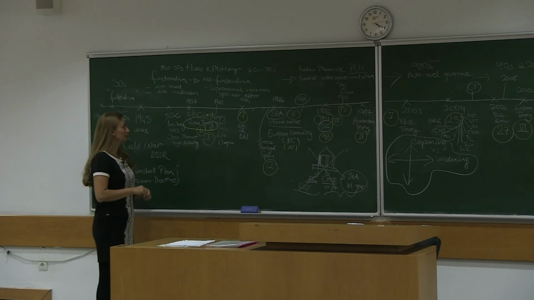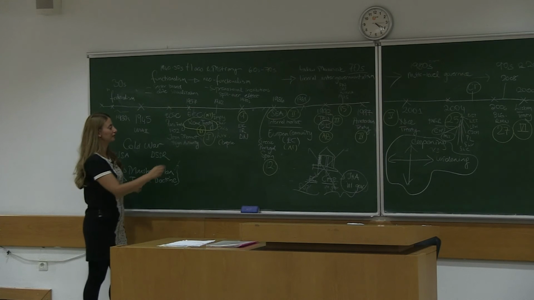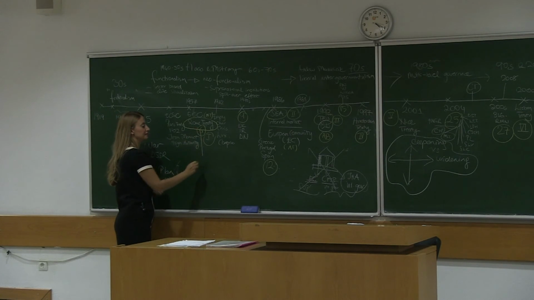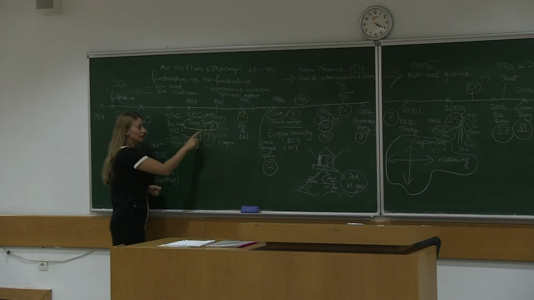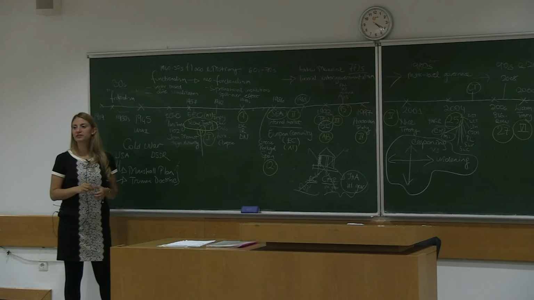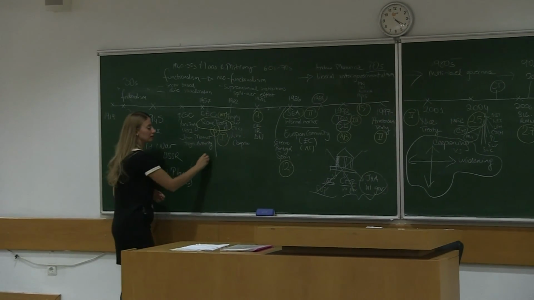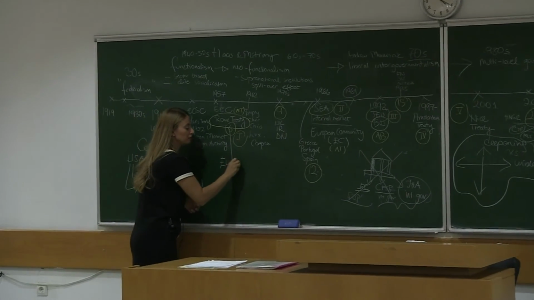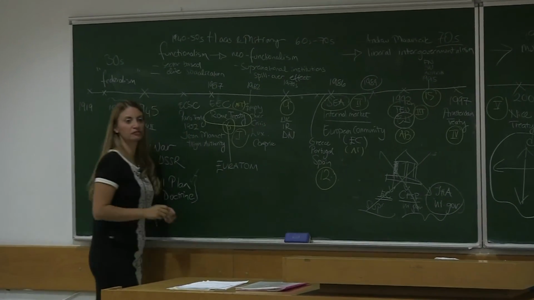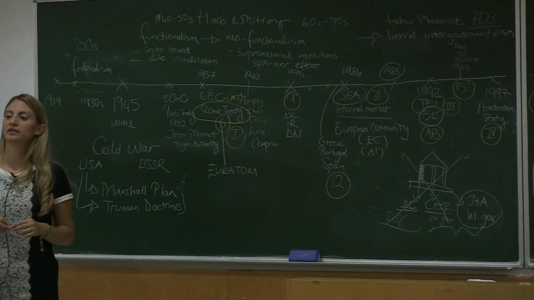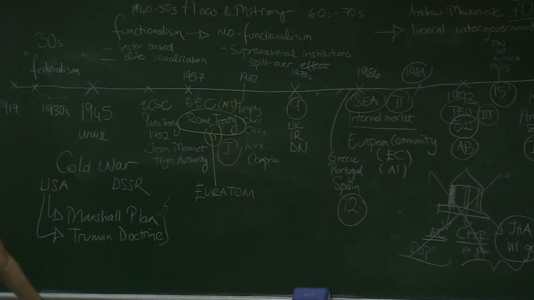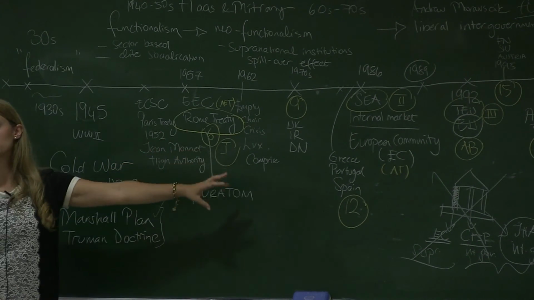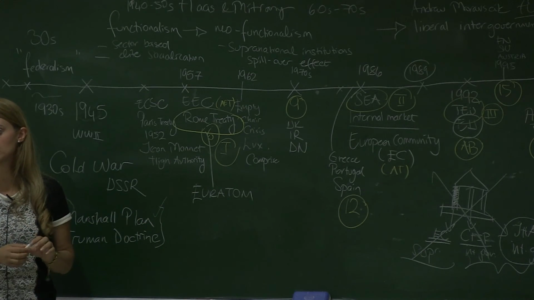And there is one thing that I forgot to mention, I suddenly realized, in naming the treaties. In 1957, when the European Economic Community was established, Euratom, the European Atomic Energy Community, was also established. And over time, there was a merger treaty in the 1970s which merged all these organizations together.